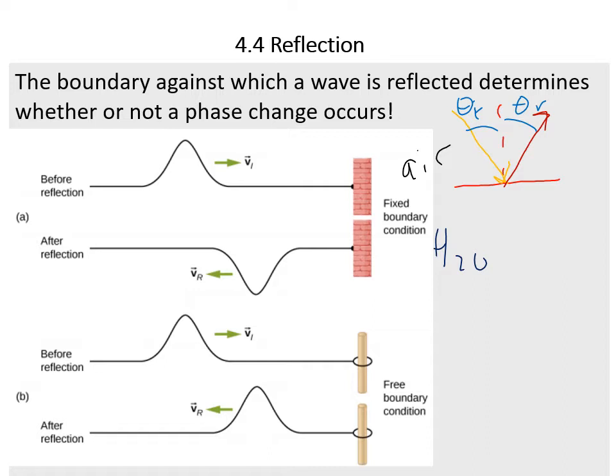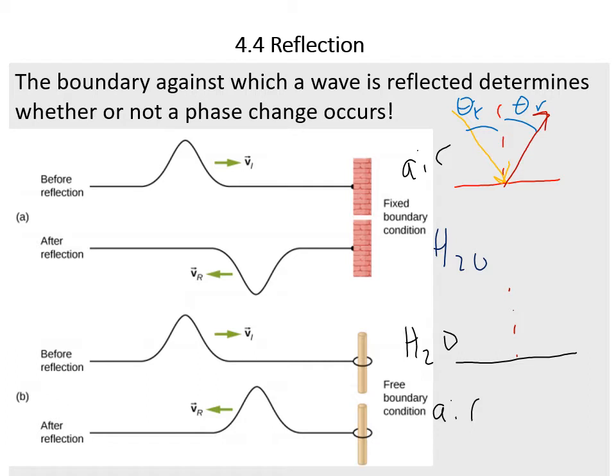In the case of light, let's say I have a boundary between water, H2O, and air, and in this case the light is going to be reflecting from underneath the water.